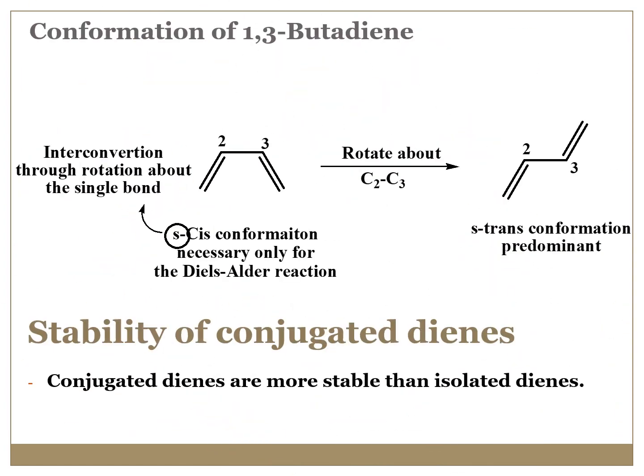These compounds have different conformers, and you have to remember very well the difference between conformers and configurations. Conformation is when you have free rotation around a single or a sigma bond, while configuration is when you do not have free rotation, when you have restricted rotation around double bonds or cycloalkanes.